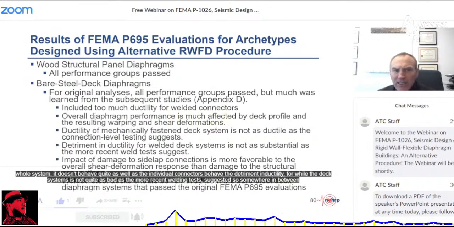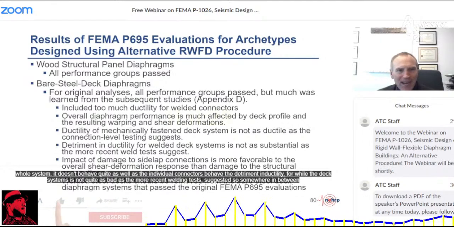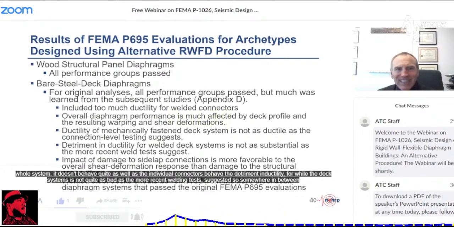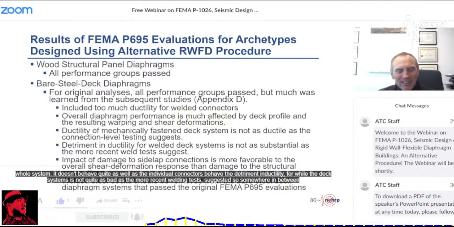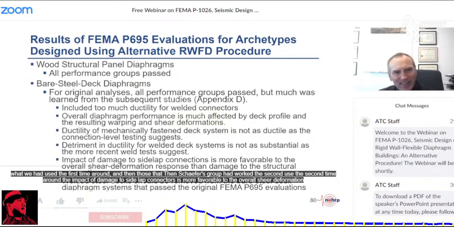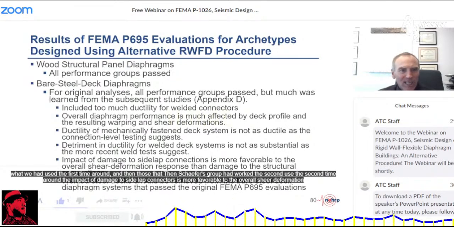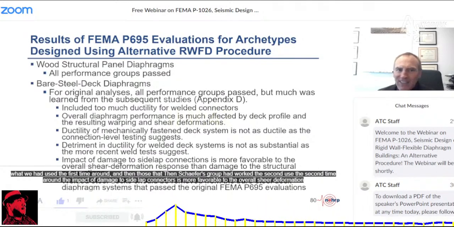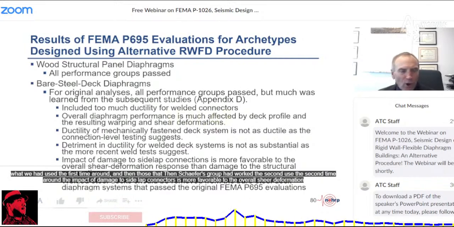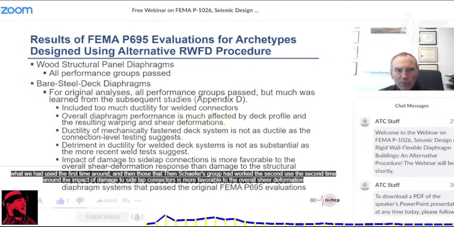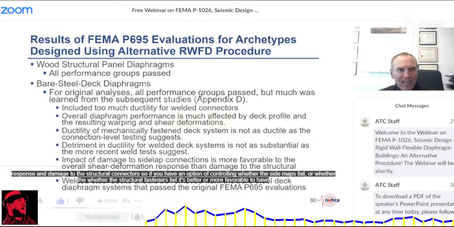The detriment in ductility for welded deck systems is not quite as bad as the more recent welding tests suggested. So it's somewhere in between what we had used the first time around and what Ben Schaefer's group had used the second time around. The impact of damage to side lap connectors is more favorable to the overall shear deformation response than damage to the structural connectors.